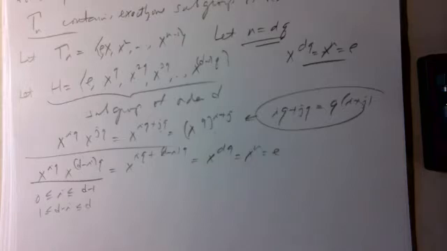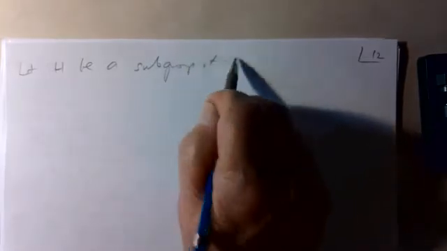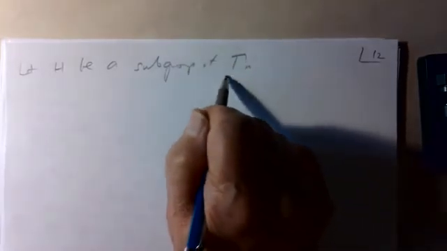And why is there exactly one subgroup? So that's an interesting question. Let H be a subgroup of the cyclic group gamma n.